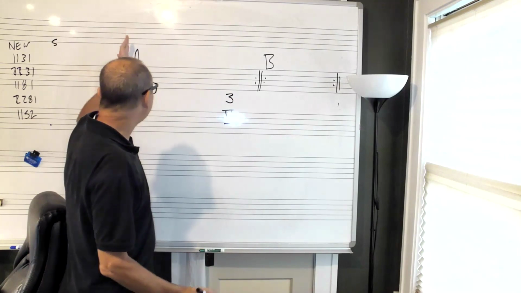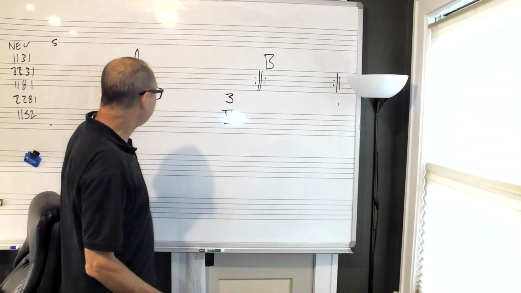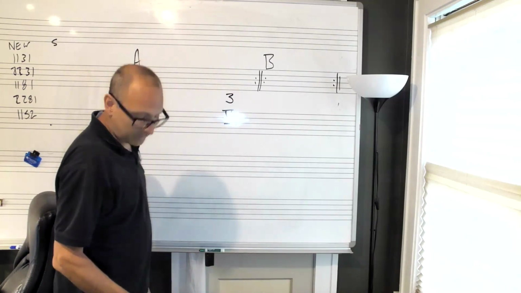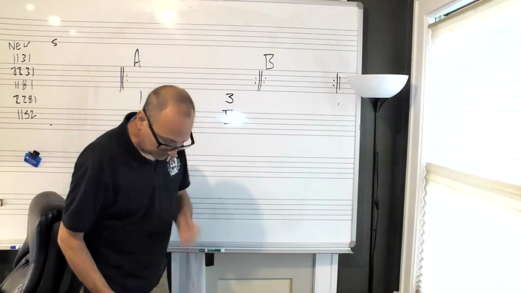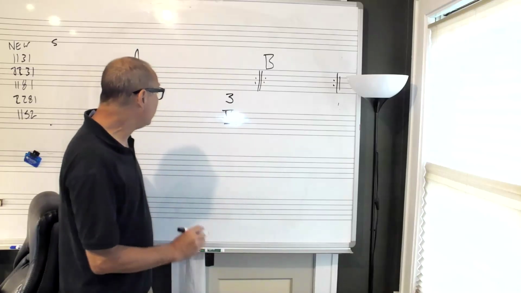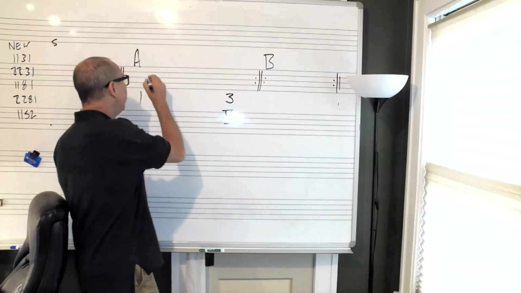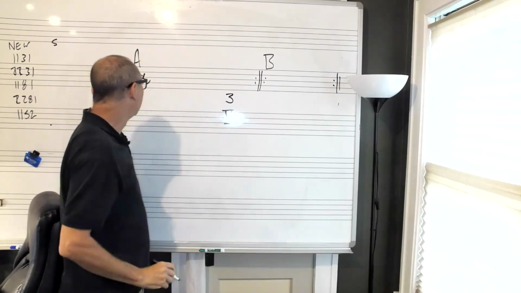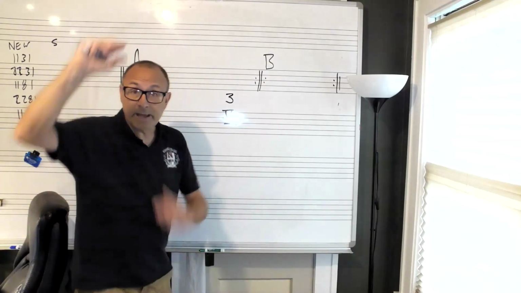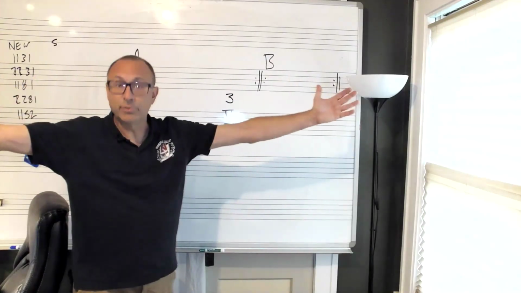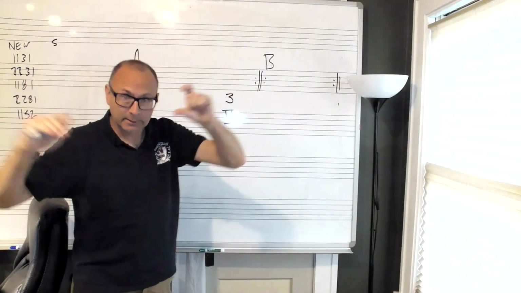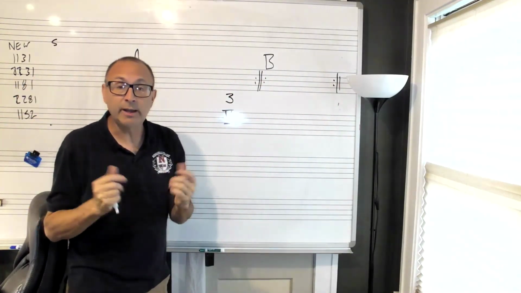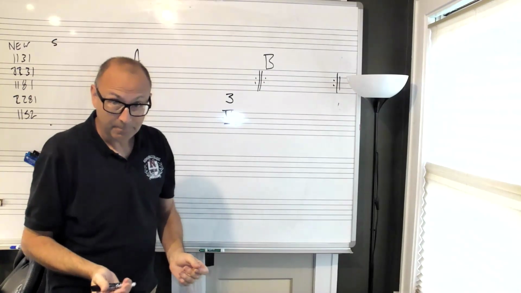So we have the section, and then we have this phrase. Now you can go a step further and indicate that this is little a. Remember that big A refers to the form, little a refers to a phrase.